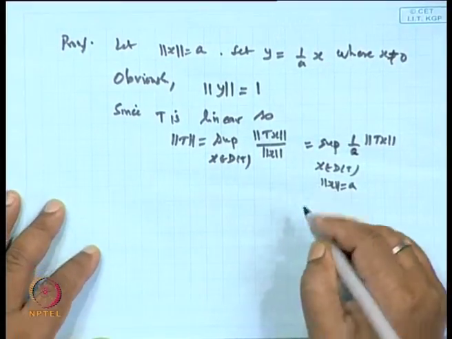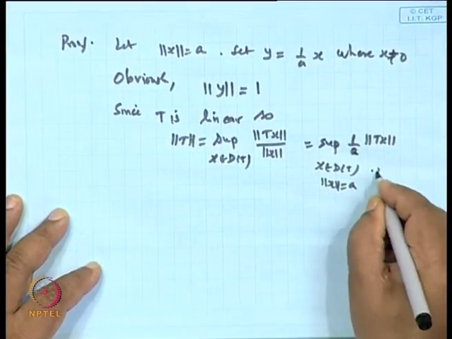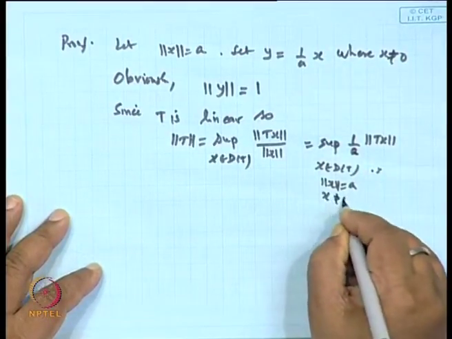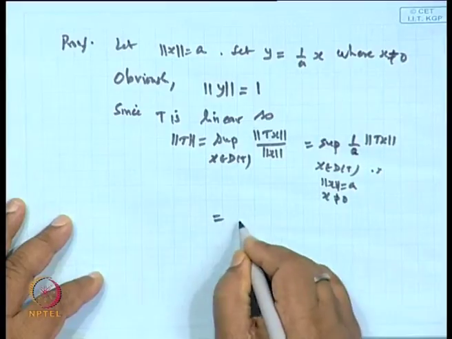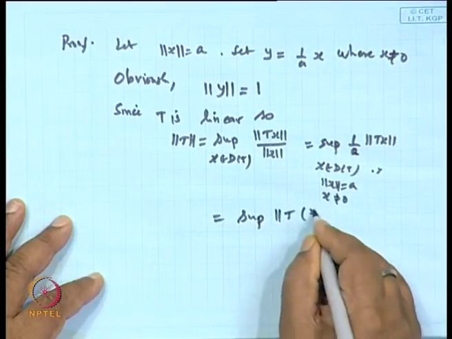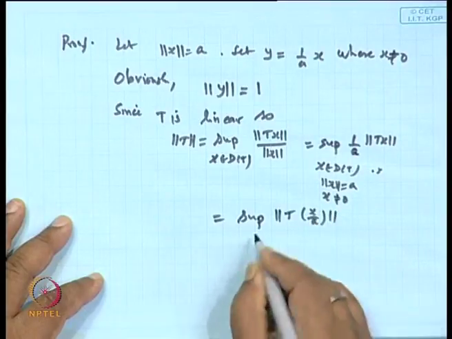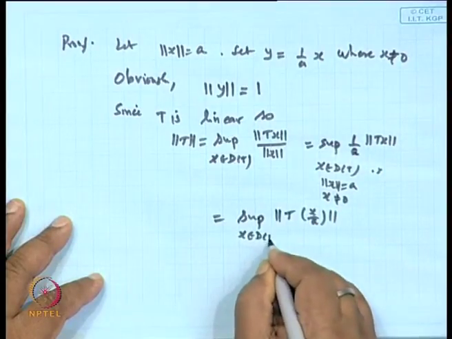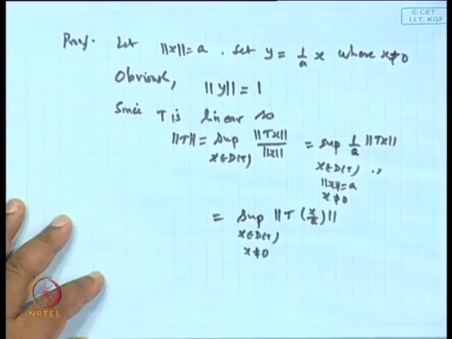Of course, x is not equal to 0. Then this will be equal to the supremum over all x of norm of Tx by a, where x belongs to D(T) and x is not equal to 0.